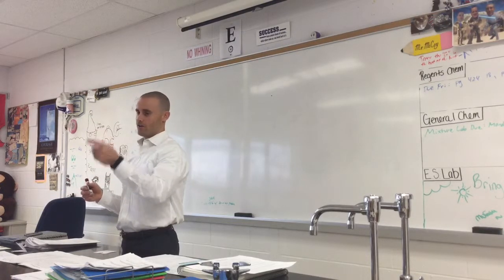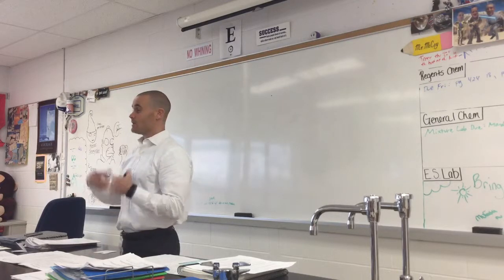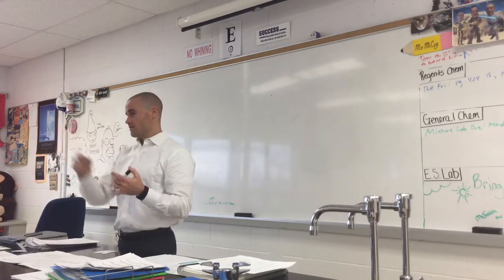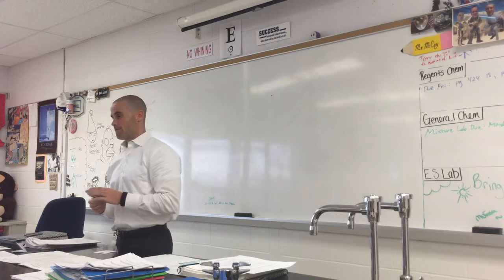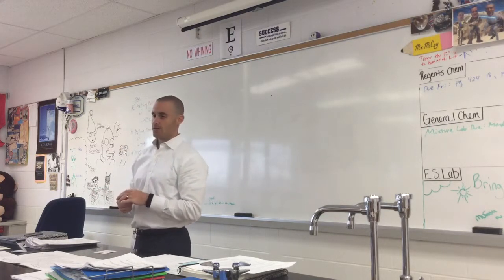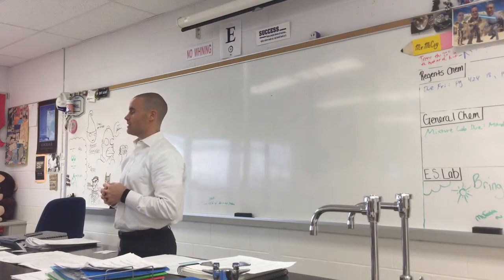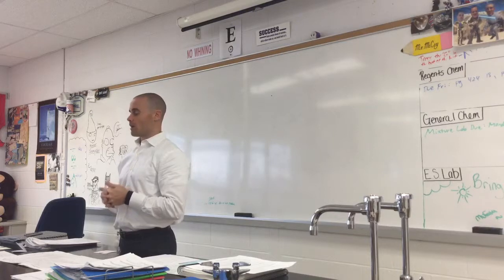Yeah, negative means it released it. Everyone look at the very bottom of the table. A minus sign indicates an exothermic reaction. So you don't really have to memorize that.